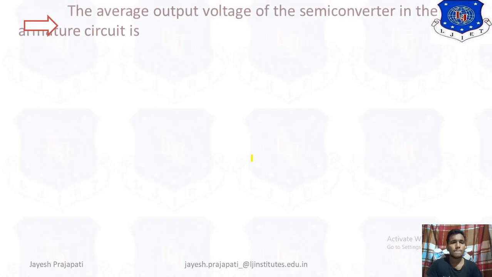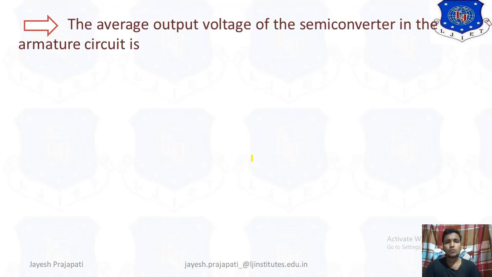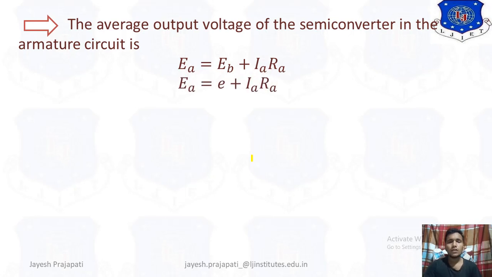Now the average output voltage of the semi converter in the armature circuit is EA equal to EB plus IARA. We know that the armature voltage EA is equal to EB plus IARA, and the back EMF is the induced EMF, so EA is equal to E plus IARA.